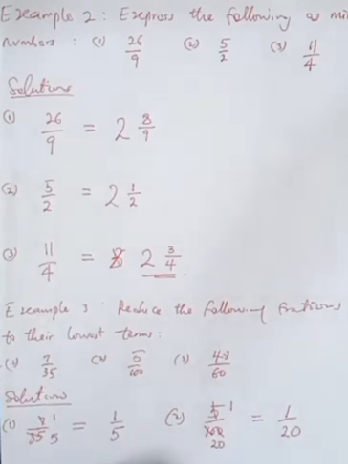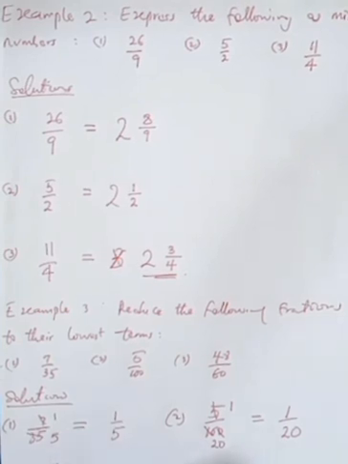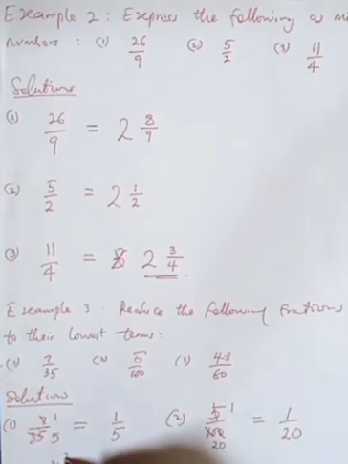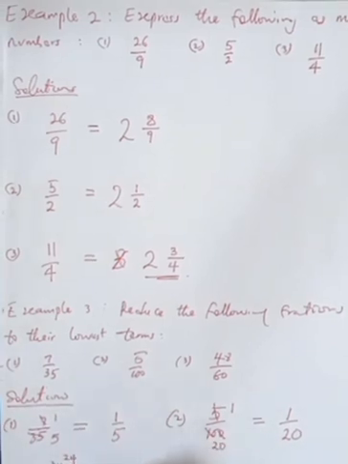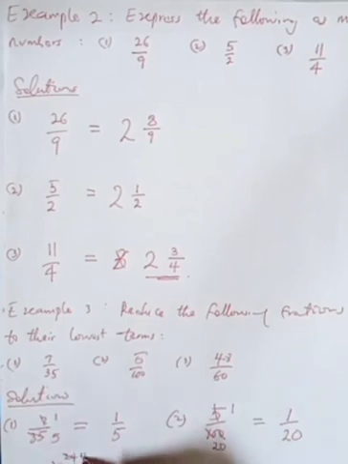Thirdly, that is lastly here, we have 48 over 60. To express this number in its lowest form means the same thing as in the two which we have done above. So what we are going to do in this case is cut it in such a way that there won't be anything common to both the numerator and denominator again. 2 in 4 here is 2, 2 in 8 here is 4, 2 in 60 here gives 30, and 2 in 24 here is 12, 2 in 30 here 15.